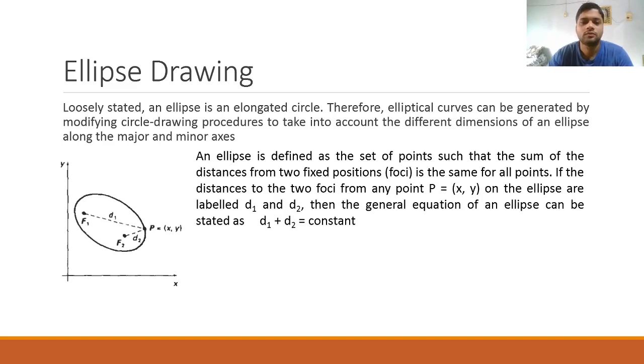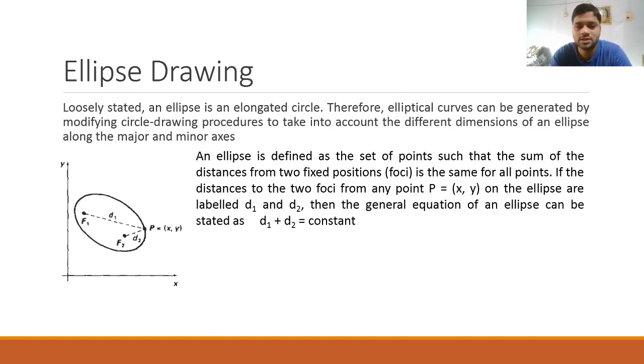That is d1, the distance from foci point 1 to the perimeter, plus d2, the distance from foci point 2 to the perimeter. Now P(x, y) is any point on the perimeter of the ellipse. If we add that point's distances from foci point 1 and foci point 2, then the sum remains constant throughout the elliptical curve. So that is the property of an ellipse.